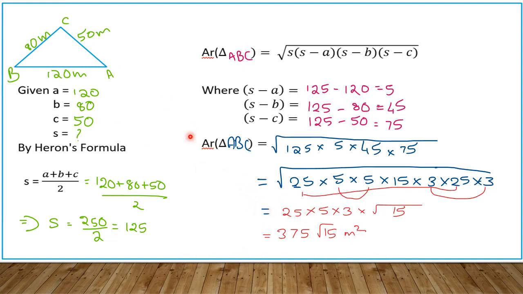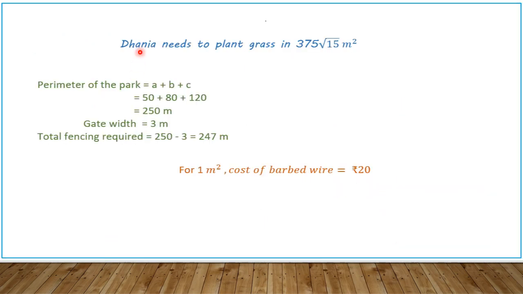Okay, till here you know how to calculate the area. Let's move forward. So the conclusion statement after finding the area is that Dhanya needs to plant grass in 375 square root of 15 meters square. Right. Here we have calculated the area. One bit of this question is solved.